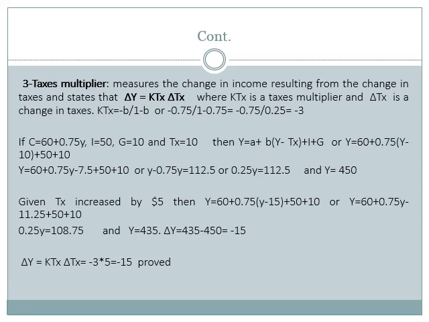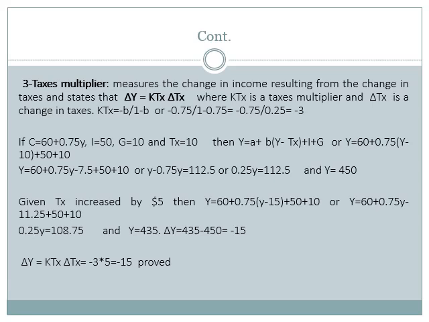And delta y equals ktx delta tx, where ktx is not a government expenditure, it is a taxes multiplier, and delta tx stands for change in taxes. ktx equals negative b over 1 minus b, or negative 0.75 over 1 minus 0.75, or negative 0.75 over 0.25, which is negative 3.